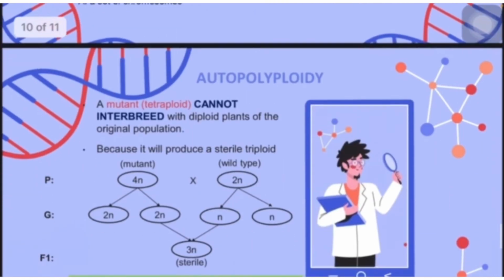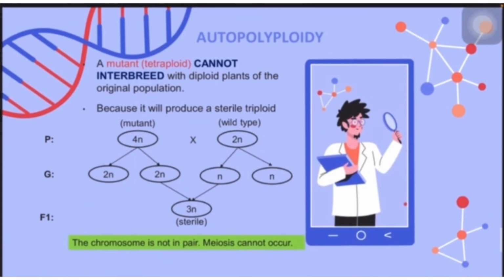So lastly, a mutant tetraploid cannot interbreed with diploid plants of the original population because it will produce a sterile triploid. When the mutant is fertilized with wild type, it will produce a sterile offspring. The chromosomes are not paired, so meiosis cannot occur.